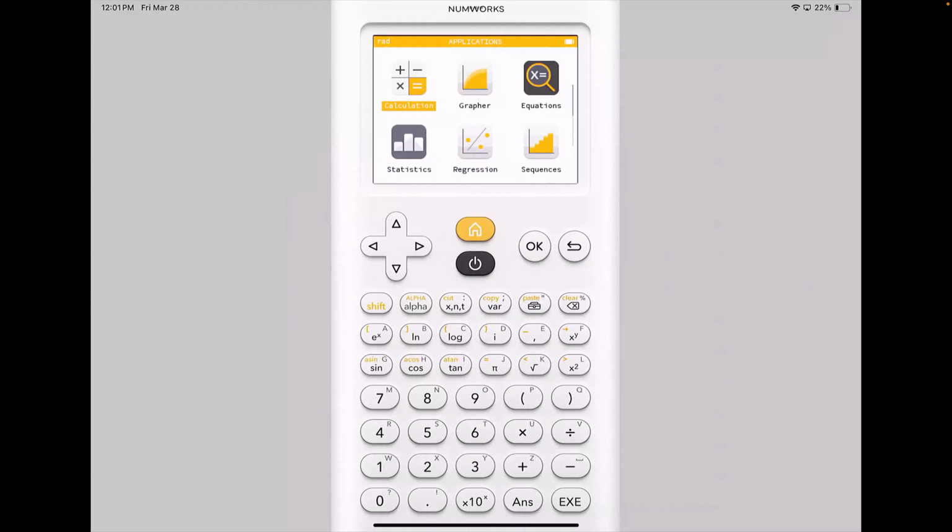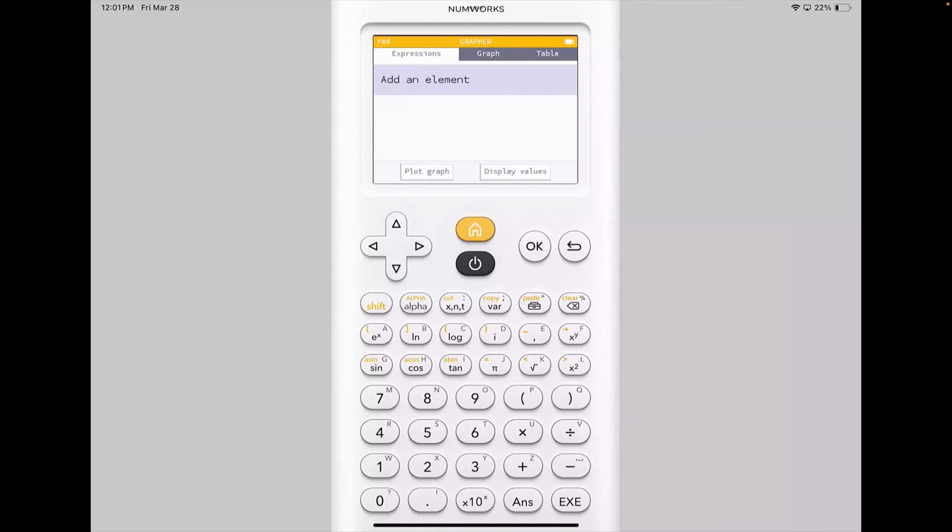Order doesn't matter. You can do whichever one you want first. Square root of x, x equals 9, and then the x-axis. The x-axis, its other name, which the calculator recognizes, is y equals 0.